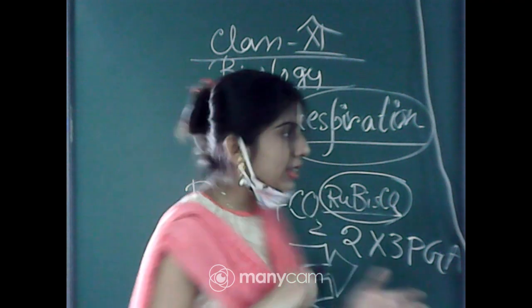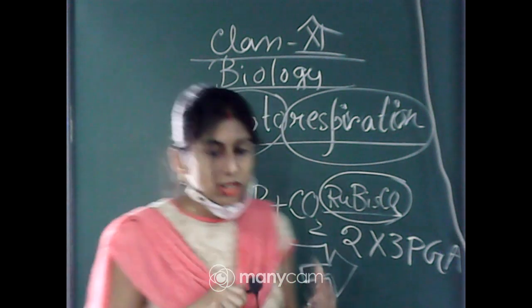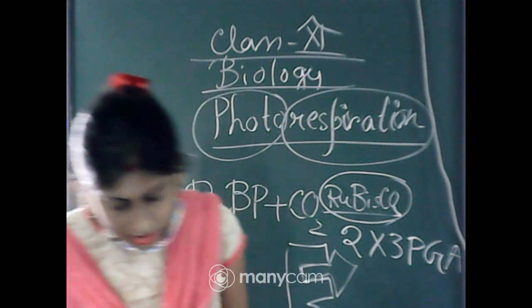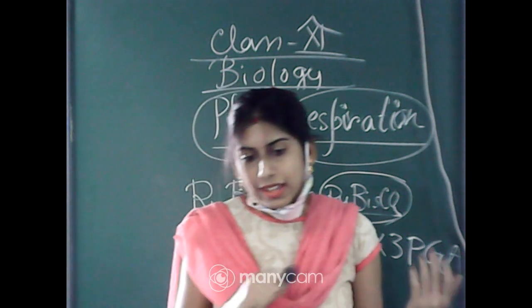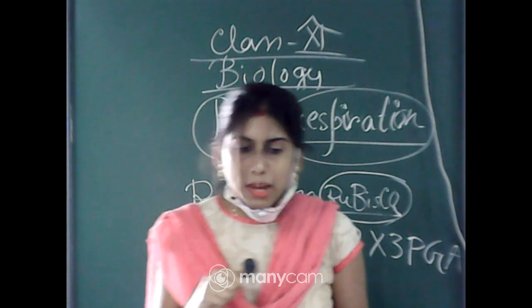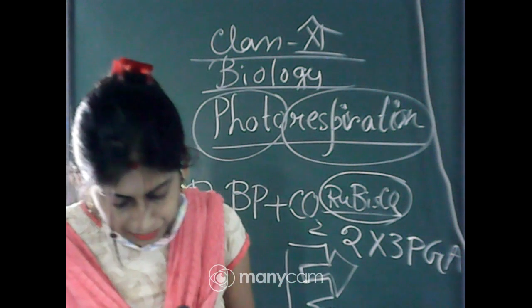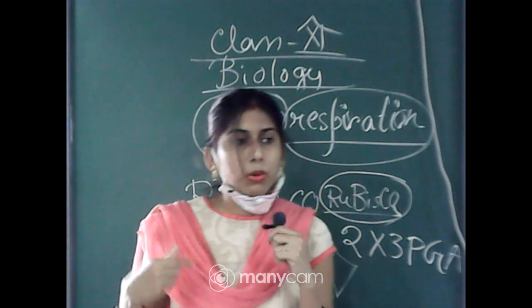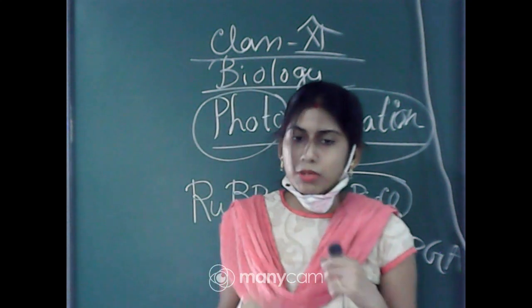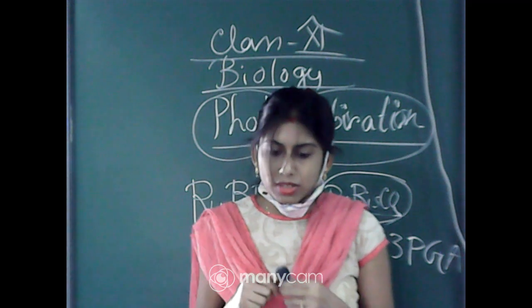That's why it can act as both carboxylase and oxygenase. And that is also why its name is like that, and it is the most abundant enzyme in the world. Now, how will you define when Rubisco will bind with carbon dioxide or with oxygen?